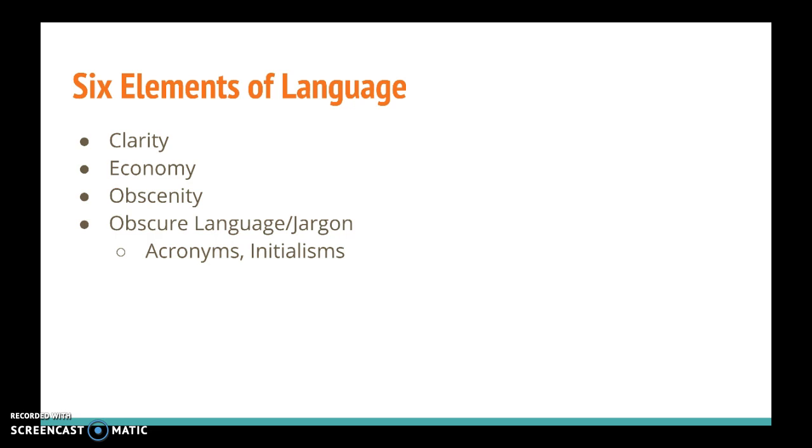Those are initialisms. The trick with acronyms and initialisms is that you always want to make sure that you define those acronyms and initialisms before you proceed in the speech. For example, I have a student who is writing a speech right now about homeless women needing access to feminine hygiene products, and she mentions in her speech toxic shock syndrome.